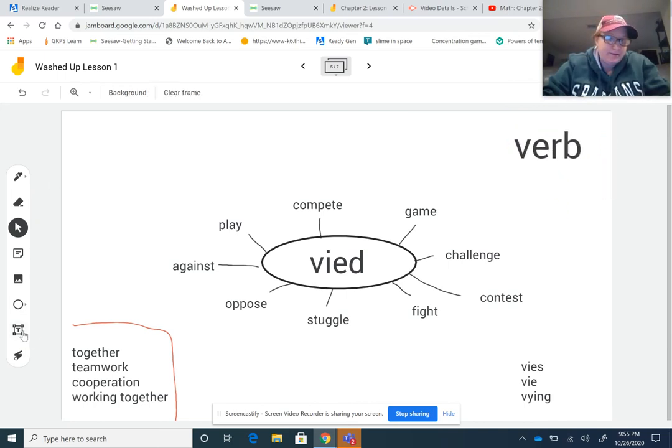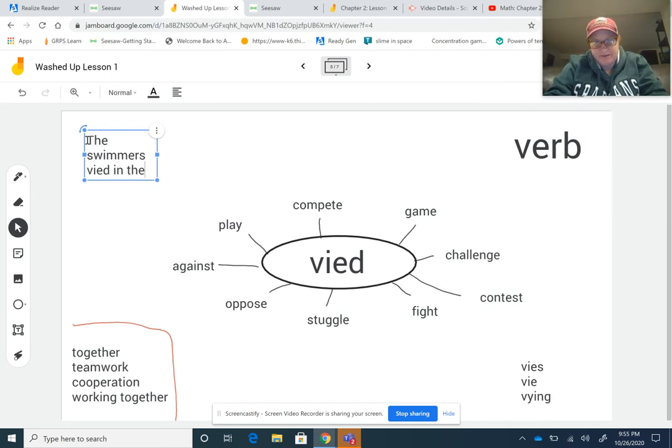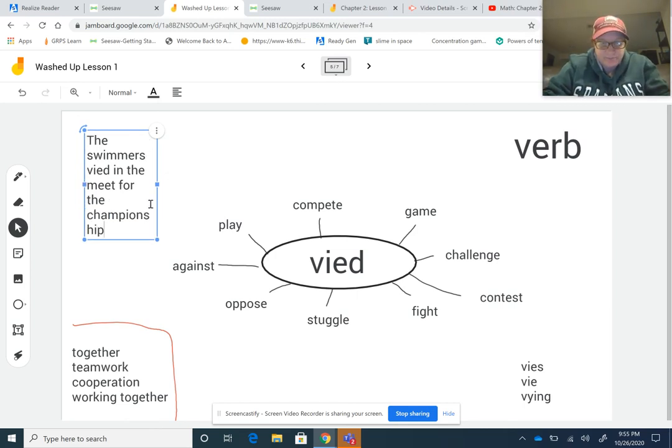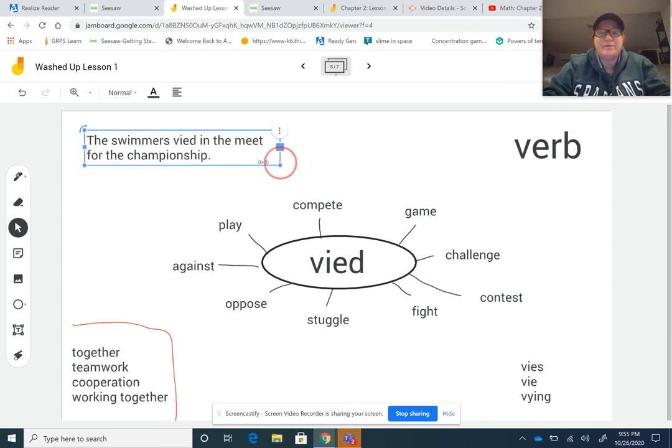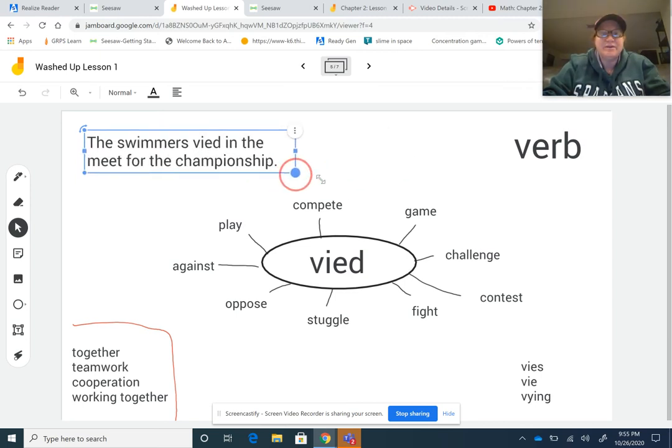And then my sentence would be: The swimmers vied in the meet for the championship. All right, that one will work. Period. Make sure your sentences have periods and capitals. And let me make this bigger.